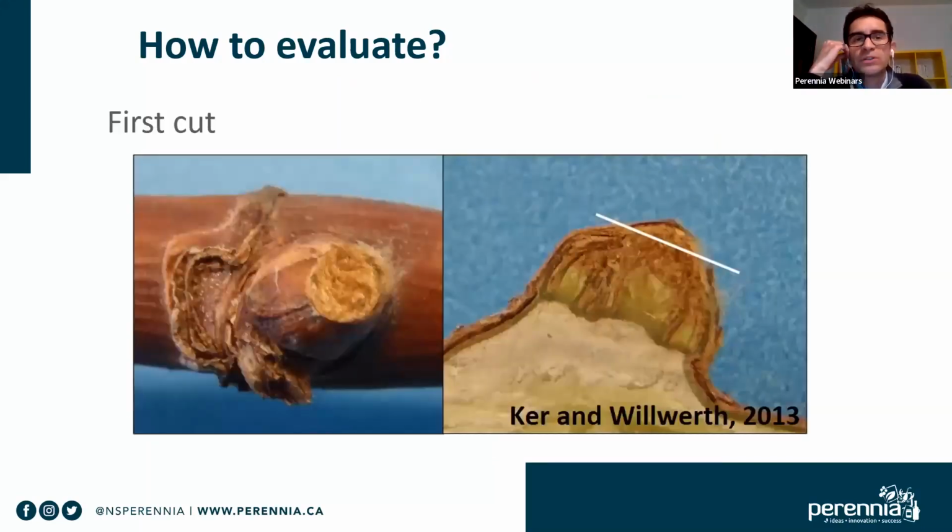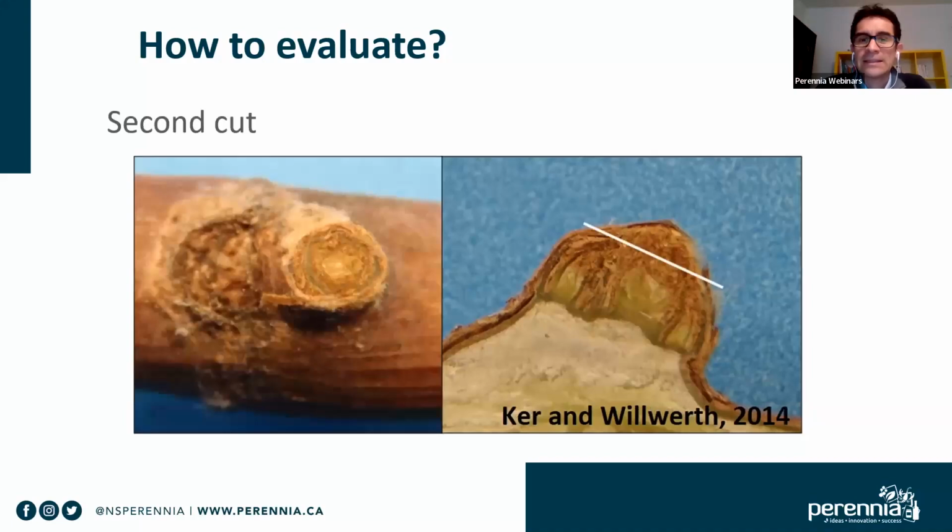So how do we proceed? We have to make different cuts, and it's necessary to go step by step with a very sharp razor, cutting very tiny slices slowly just to be able to see. This is the first cut, where you cannot see a lot. This is the second cut, and you start to see some greenish color.